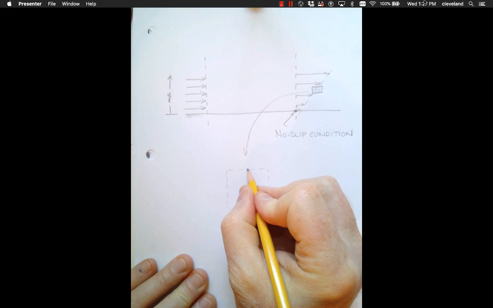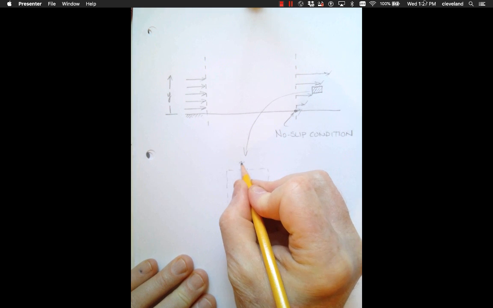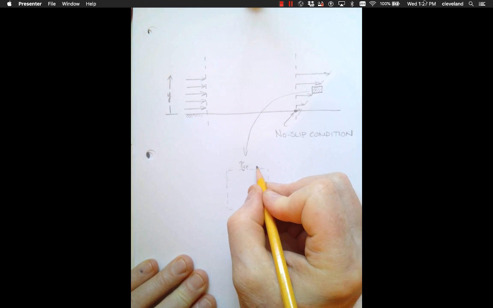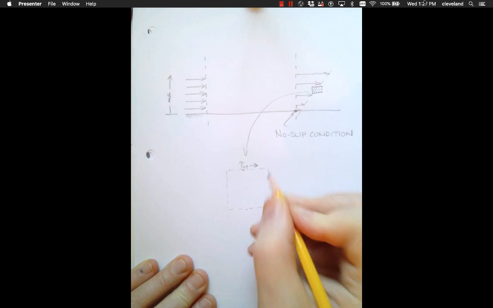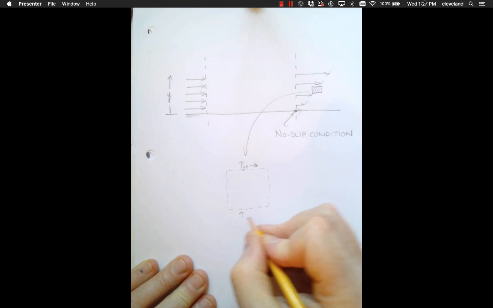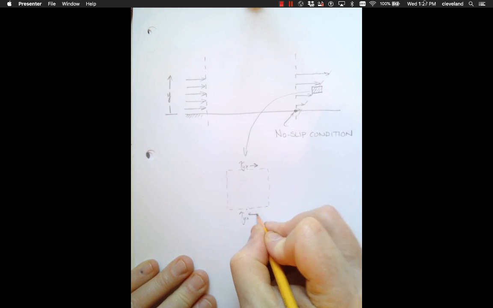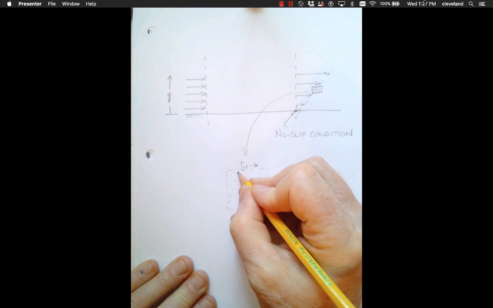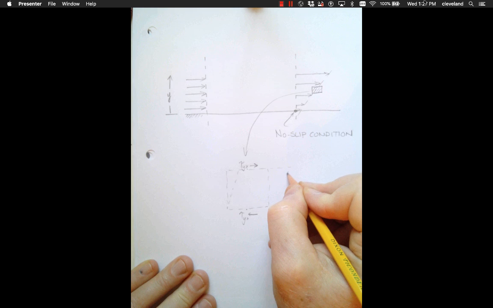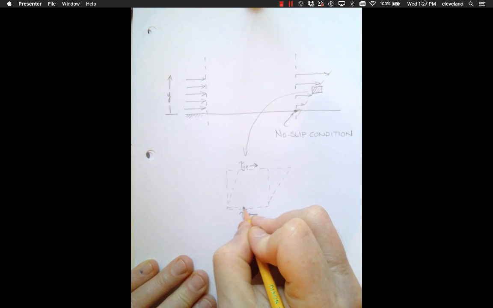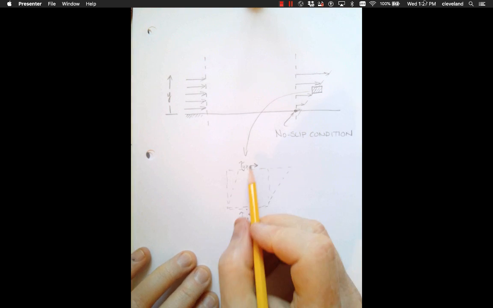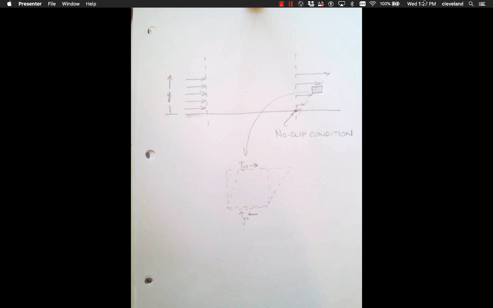And so that implies that the shear is working here, and there's a tau yx going that way, and then that would be how the fluid particle could deform. So we have these shear forces unbalanced. That's what creates the velocity distribution.